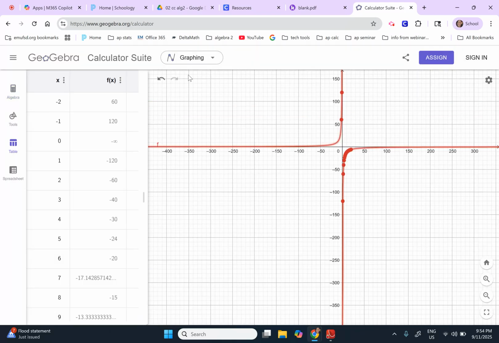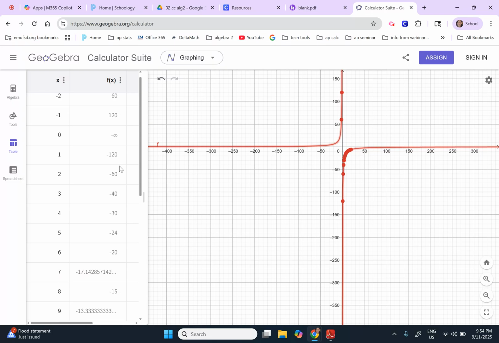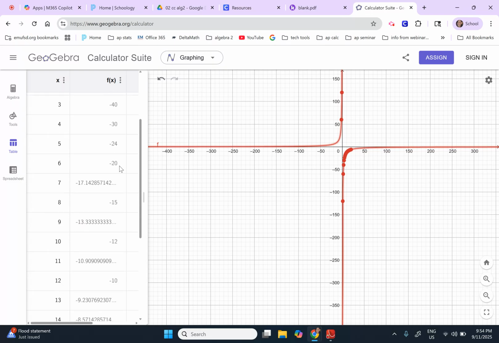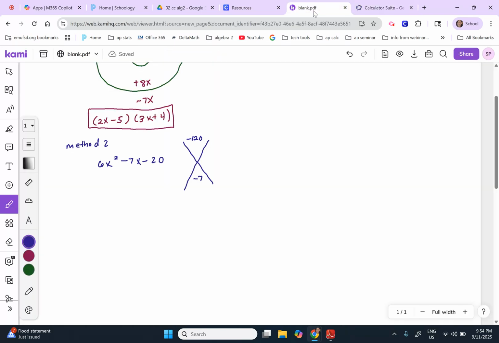That gives you a list of all the factors of negative 120, and we're going to look to see which one gives you a sum of negative 7. So let's list them out. I'm just going to go to this side and list them out.